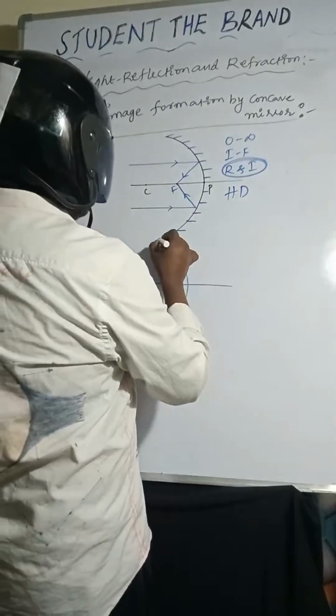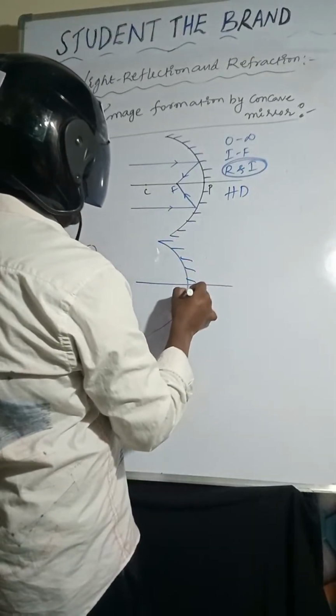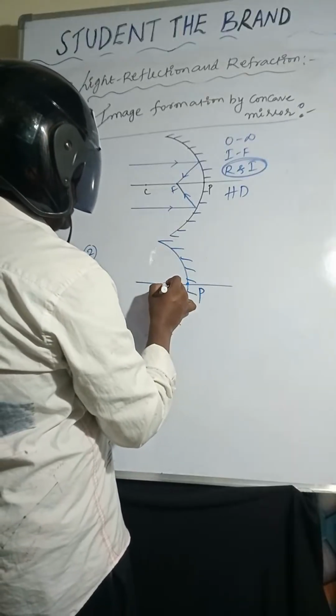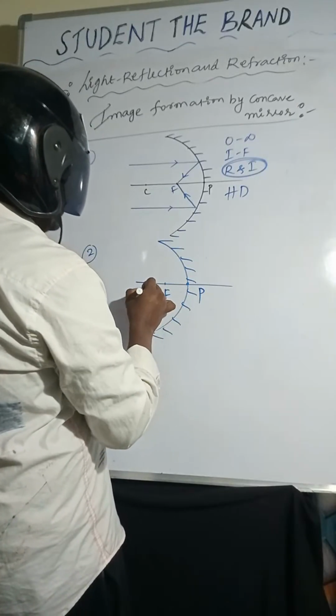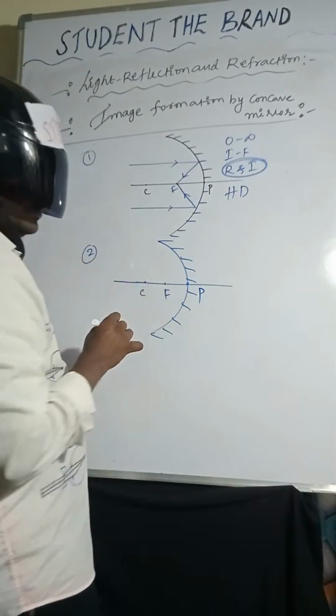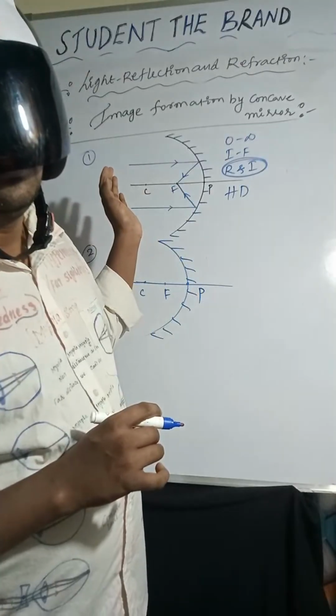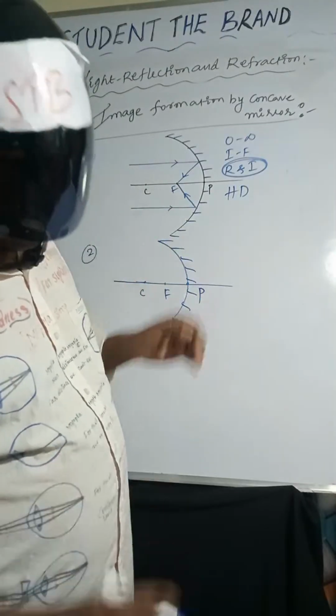This is the pole, focus, center of curvature. Object is placed beyond center of curvature.